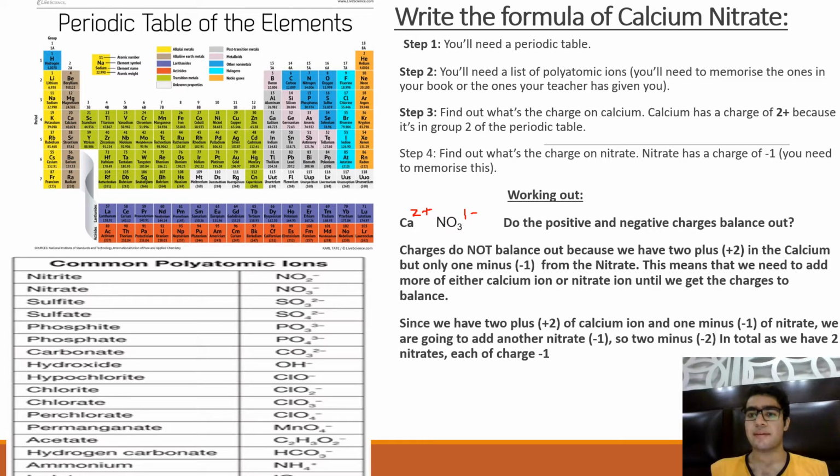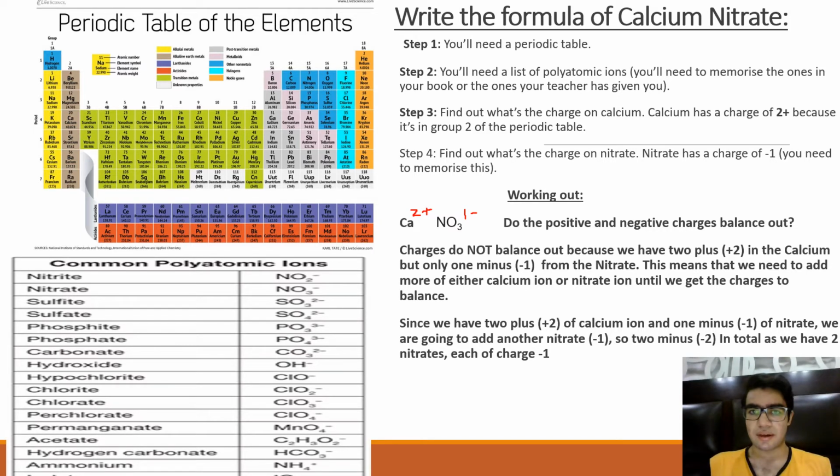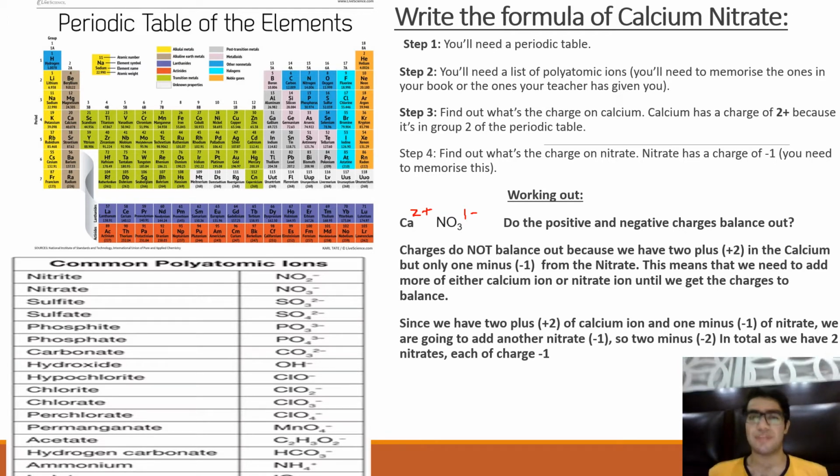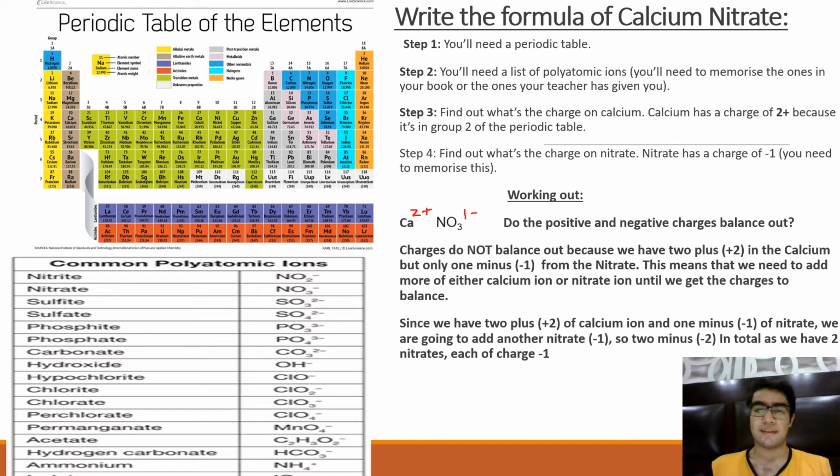The second thing is that you'll need a list of polyatomic ions. In the exam you obviously cannot take a list with you and they will not provide you with one, so you should memorize these, the ones in your school textbook or which your teacher has provided you with.